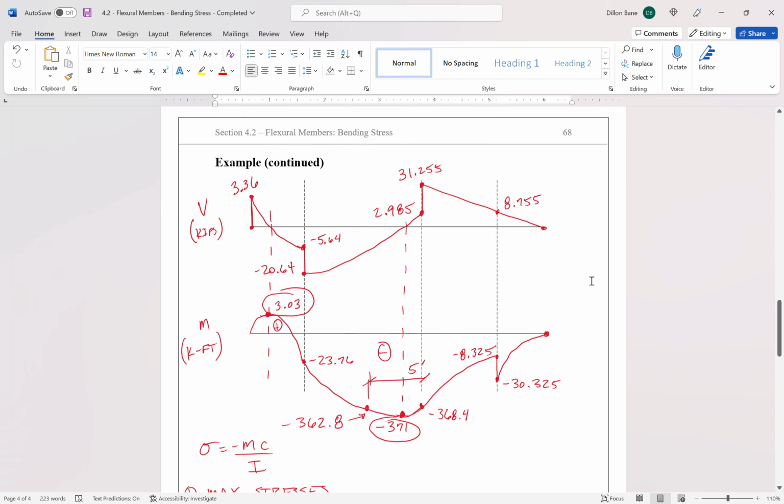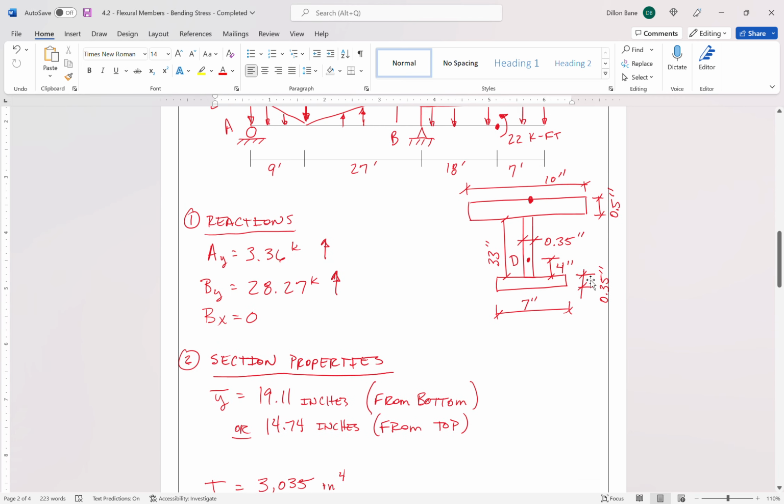On the cross section, our point of interest is point D, which is 4 inches above the bottom flange, okay? We know that Y bar, the location of the centroid, is 19.11 from the bottom.